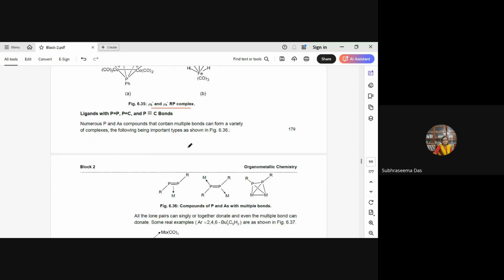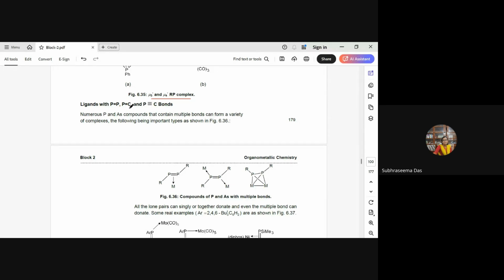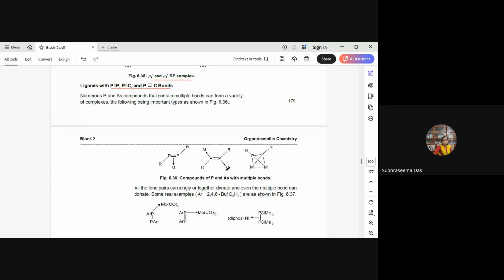Now coming to ligands with P=P, P=C and P≡C bonds. This is a very peculiar case. There are numerous phosphorus compounds that contain multiple bonds, and they can form a variety of complexes. Here phosphorus and arsenic examples are shown that form multiple bonds.